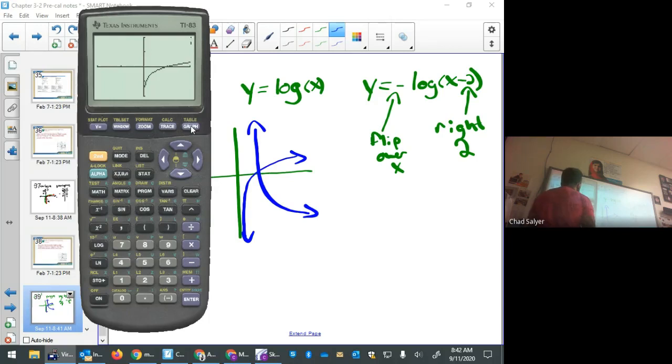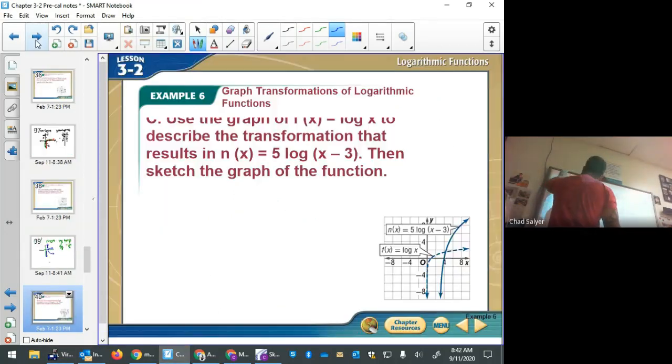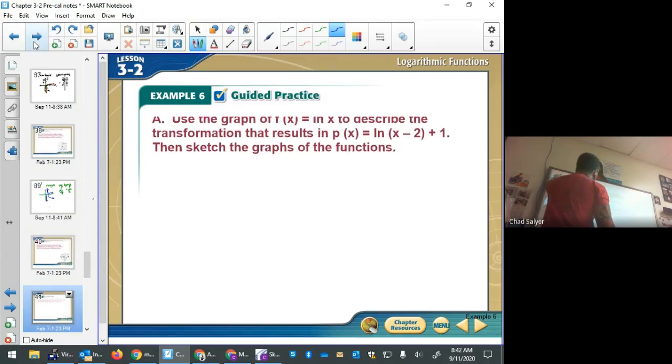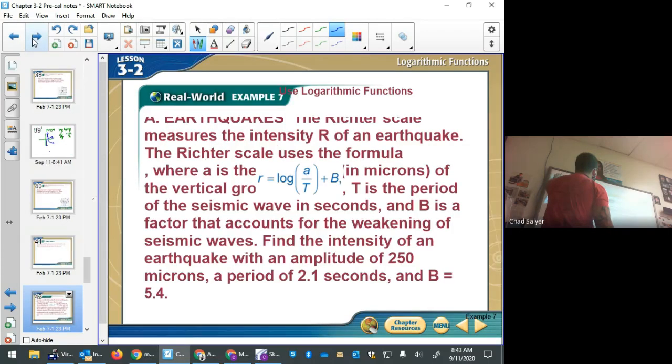We need to go at least to 5 or we won't be able to see what's going on. All right, everybody see how that works? Transformations of a logarithm. Need a bunch more of those.